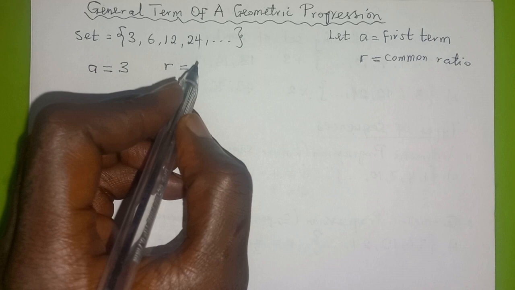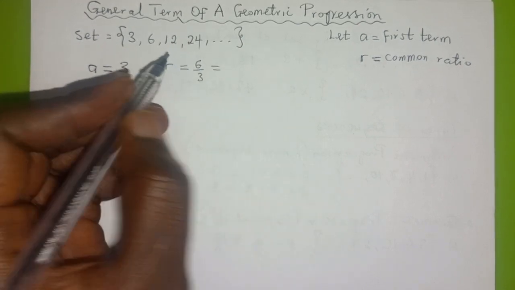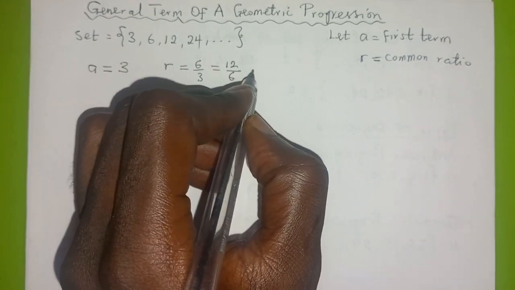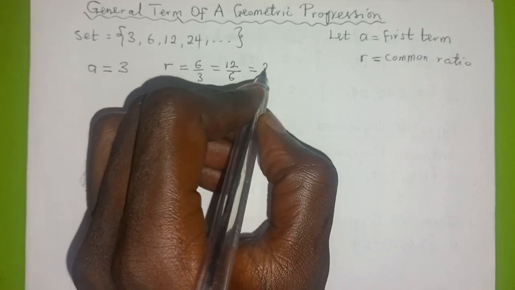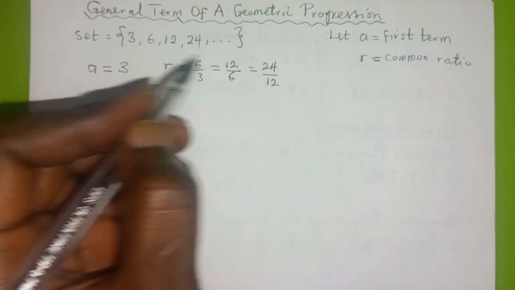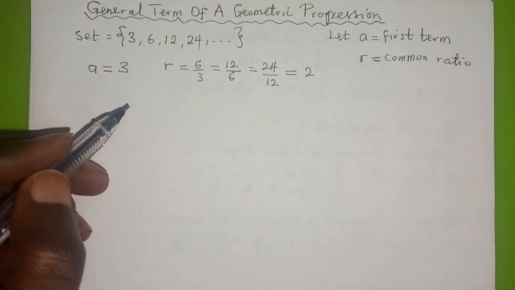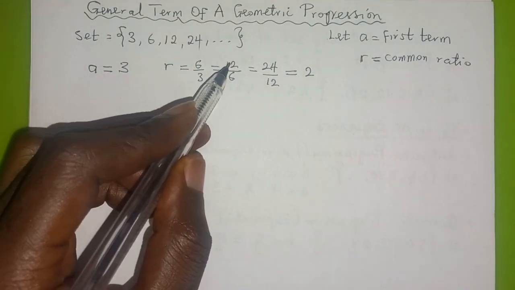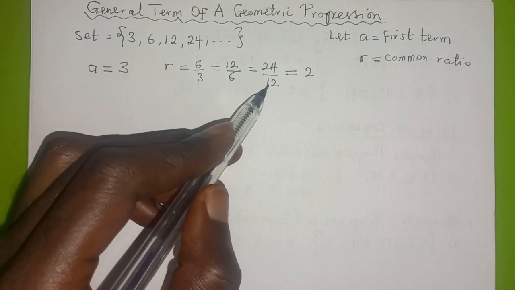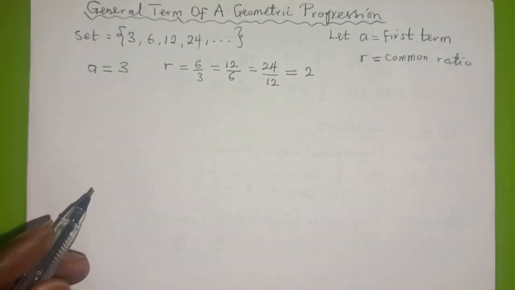So 6 divided by 3 must be equal to 12 divided by 6, which must also be equal to 24 divided by 12. The result will remain as 2, because 6 divided by 3 is 2, 12 divided by 6 is also 2, and 24 divided by 12 is also 2. So that becomes our common ratio.